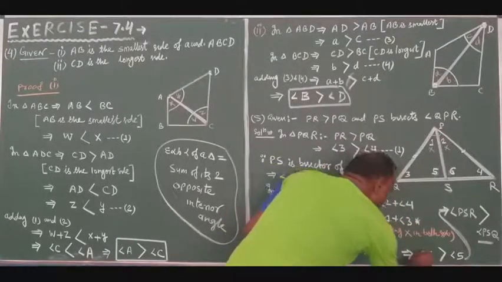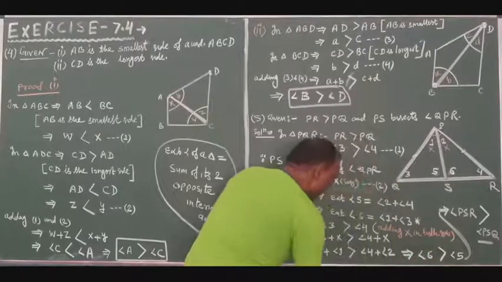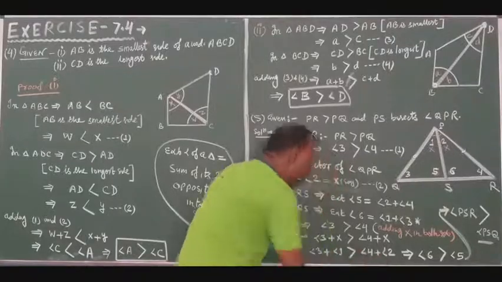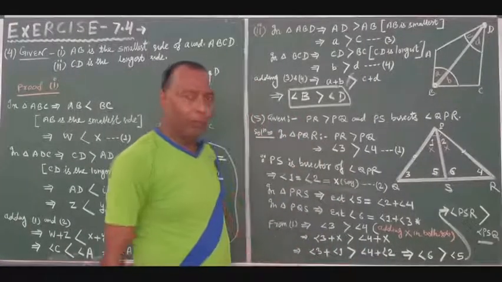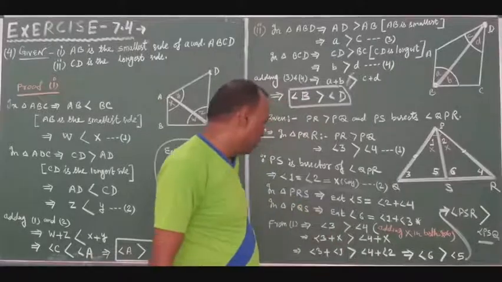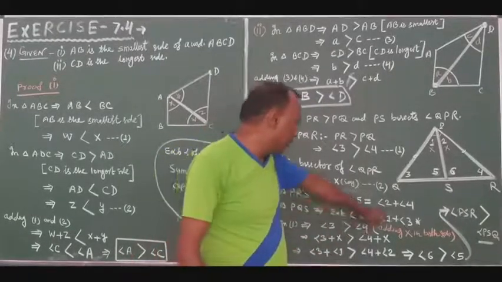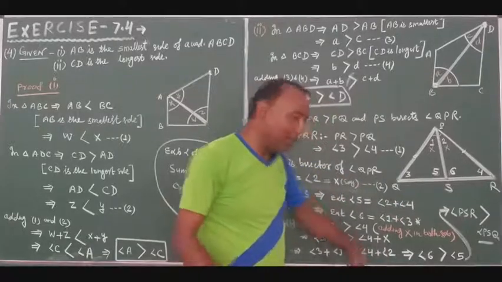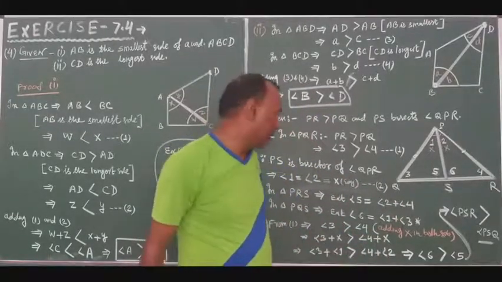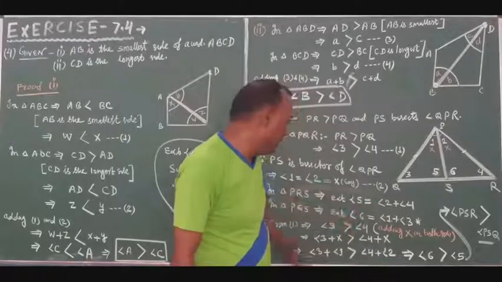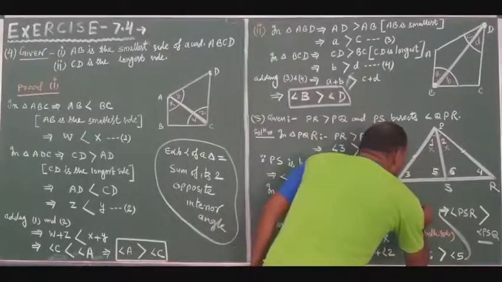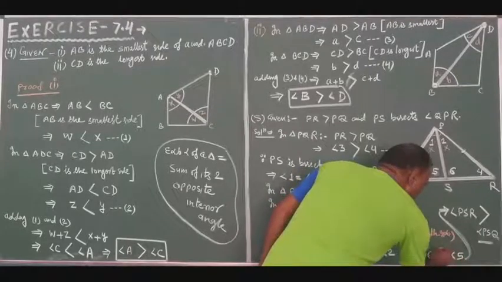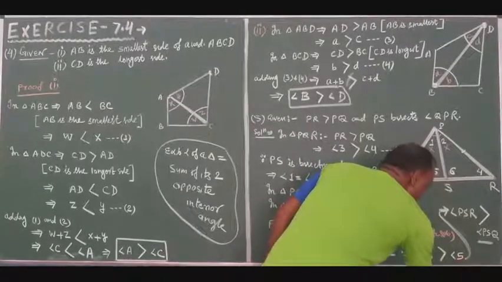That's the reason I have written angle 6. Greater than, and there is angle 4 plus angle 2, which is the same as angle 2 plus angle 4, and this is equal to 5. So I have written here, angle 6 is greater than angle 5.